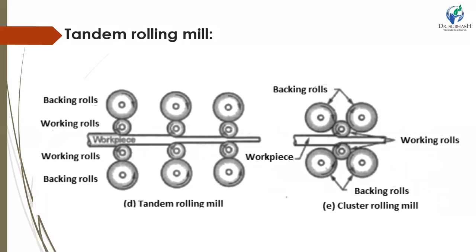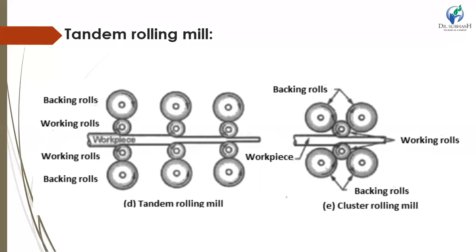This facilitates continuous passes through each one successively without change of direction of the metal during the rolling process. The diagram shows the tandem rolling mill on the left side.